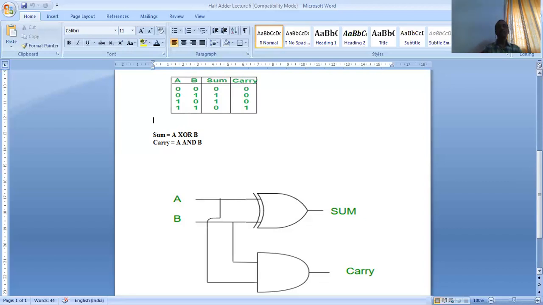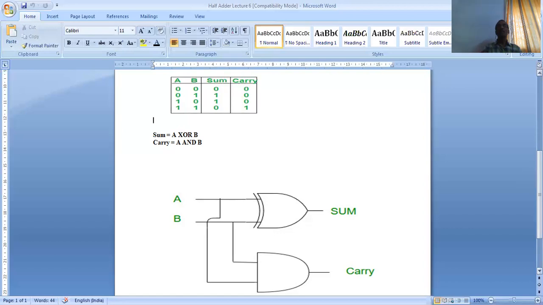Thus, even if one of the inputs is low, the output of AND gate is low. The output of AND gate is high only when both the inputs of AND gate are high.